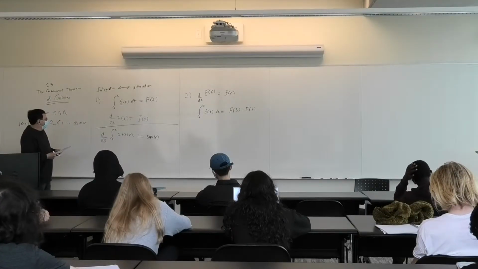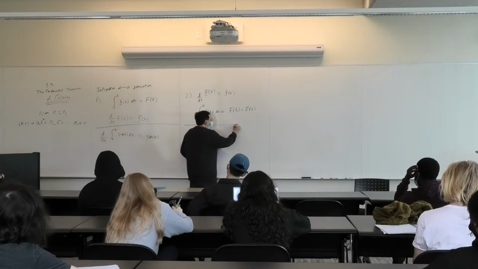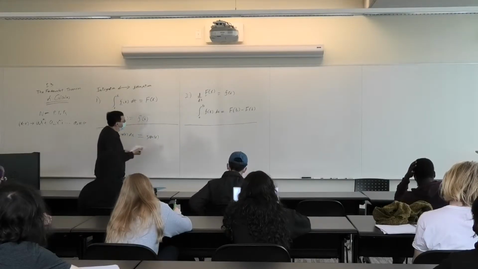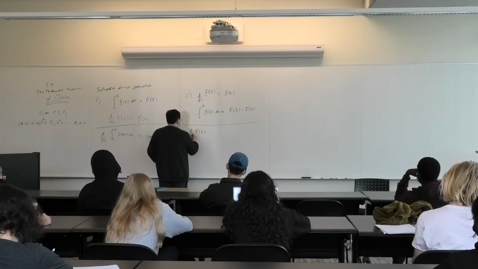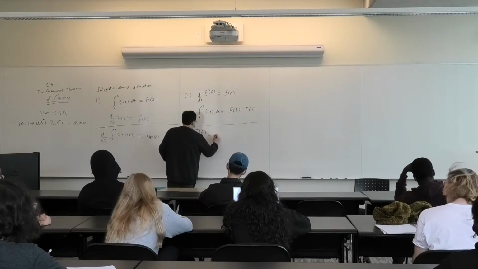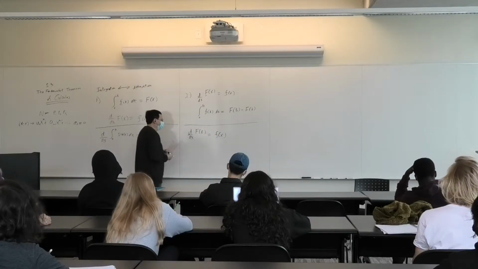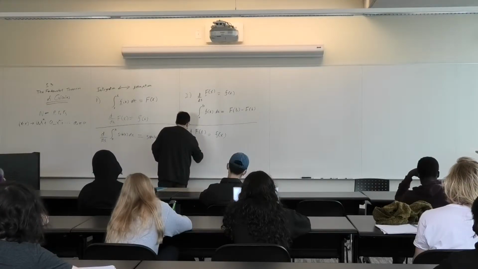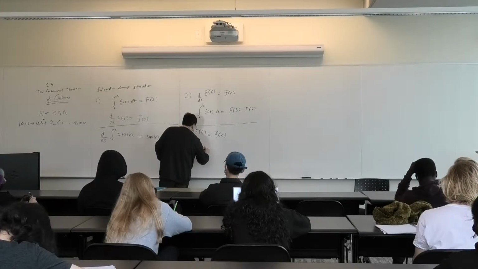Now, if I were to tell you that I have some function F of x, and its derivative is little f of x, what would the derivative of F of x squared be?